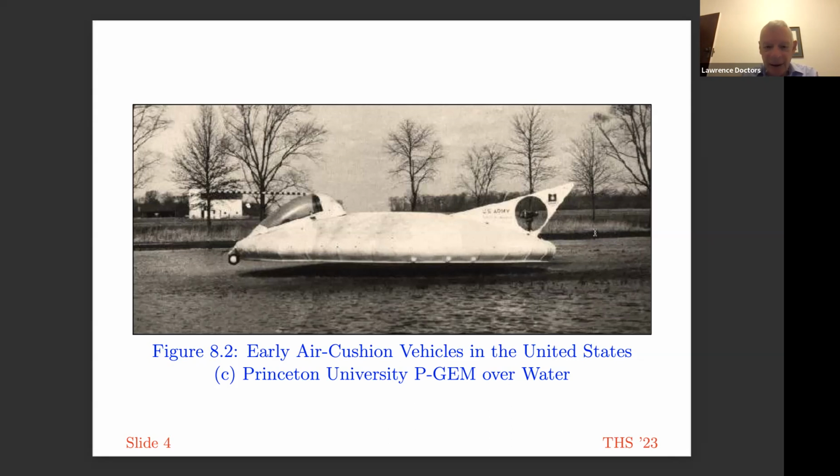And you can actually see, if you look very carefully at this diagram, the vessel has a slight bow up trim, and that's because it's trimming approximately parallel to the water surface. When traveling over water, the water is depressed, and that's experienced as the hovercraft having a slight upward trim.